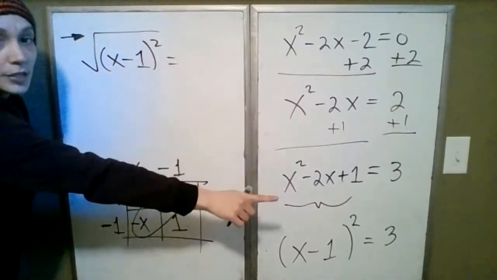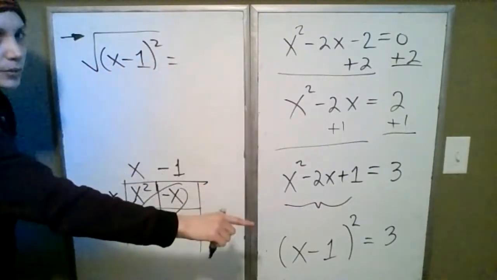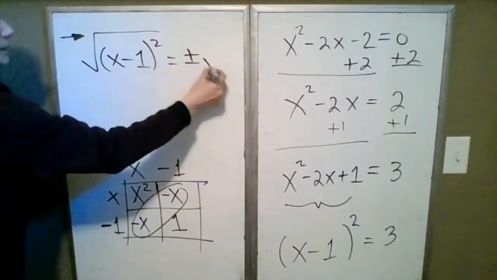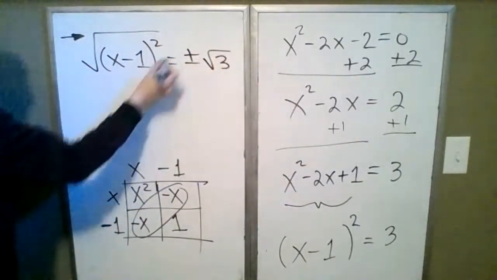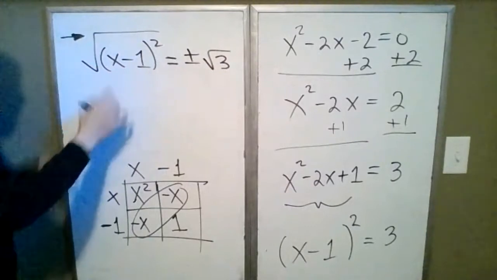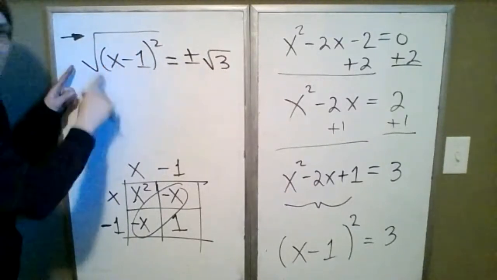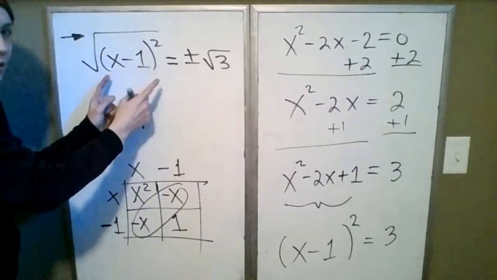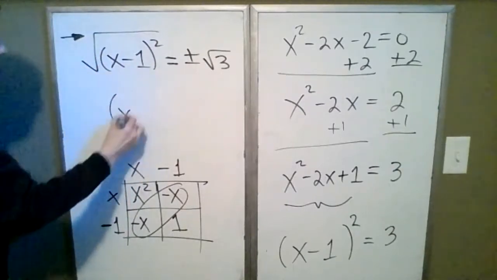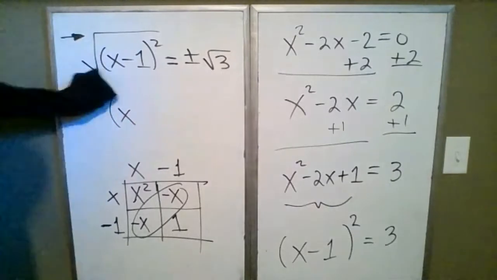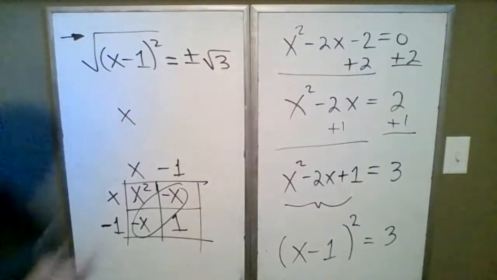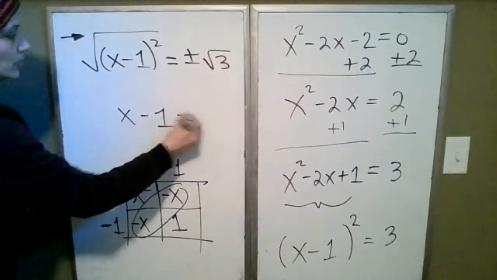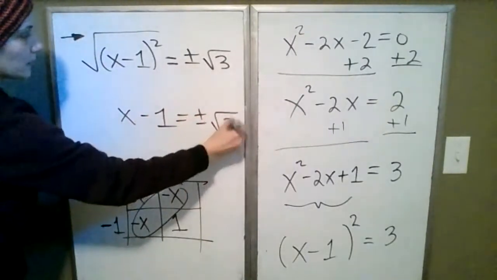And over on that number, we'll have a plus or minus root 3. Okay, so I take the square root to match that power 2, and then get this x minus 1, which I don't need parentheses. And it's equal to plus or minus root 3.